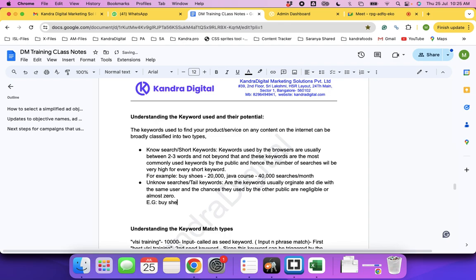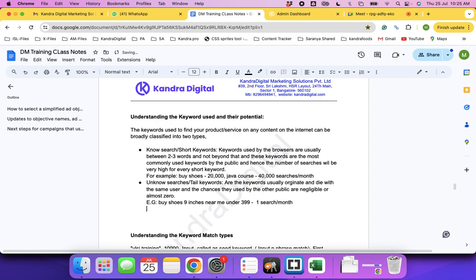Example, buy shoes 9 inches near me under 399. One search per month, right?